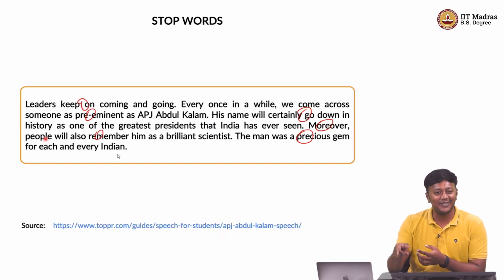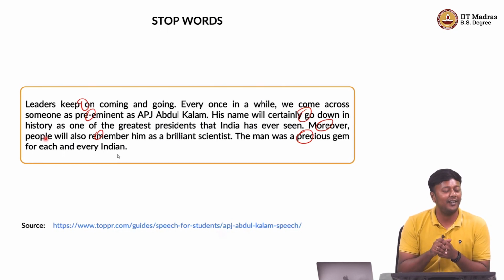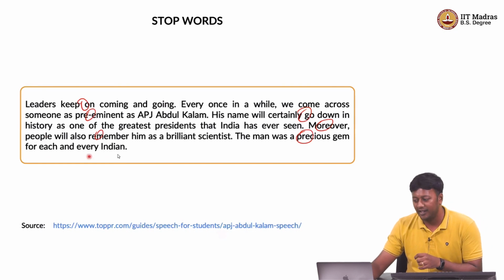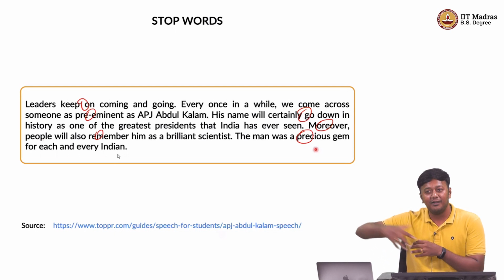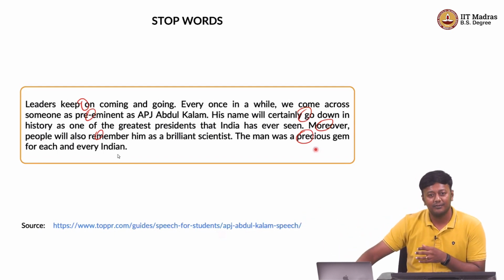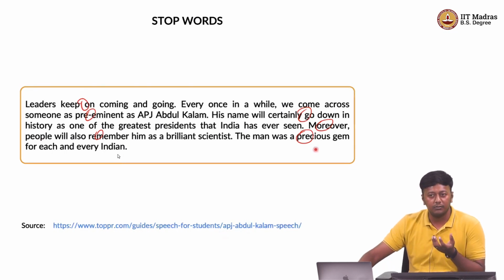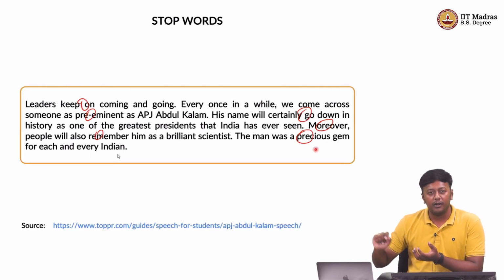Why do they not convey any meaning independently? Okay, one step even backwards. Let's say we are having a debate about cricket. Is the word cricket important in this debate?